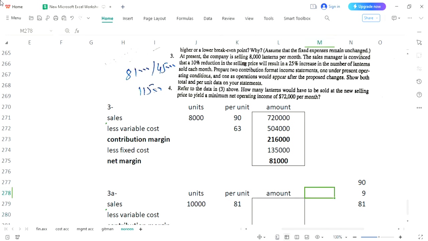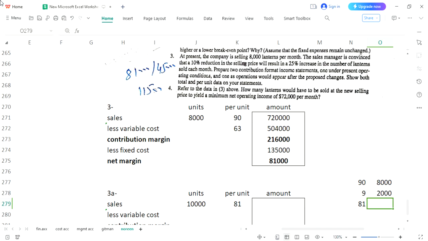And again, I can help you understand in another way. 8,000 were the old units and there is an increase of 25%. How would you calculate 25%? 8,000 would be multiplied by 25 and divided by 100. So this is 2,000.